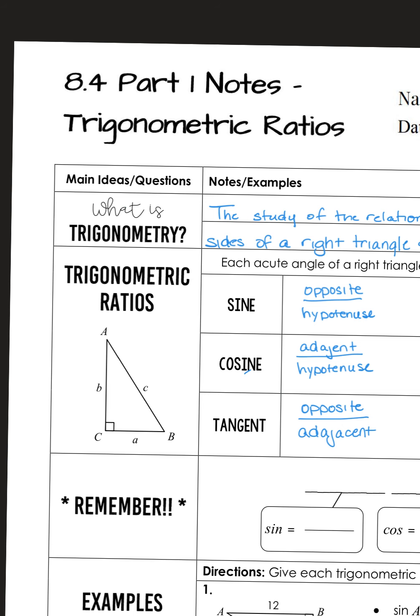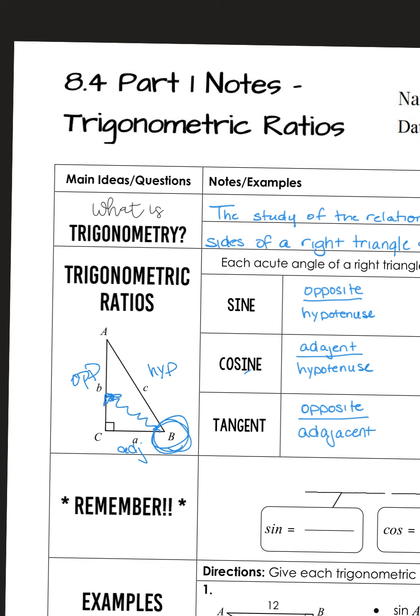When I go to do the same thing for angle B this time, now the opposite side, the one that doesn't touch angle B, is over here. The box still points to my hypotenuse, and then now this is my adjacent side.